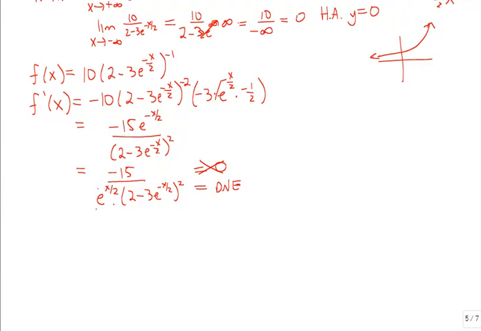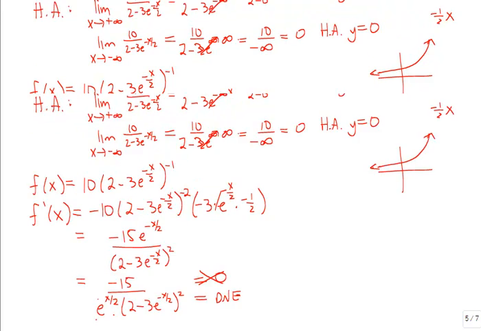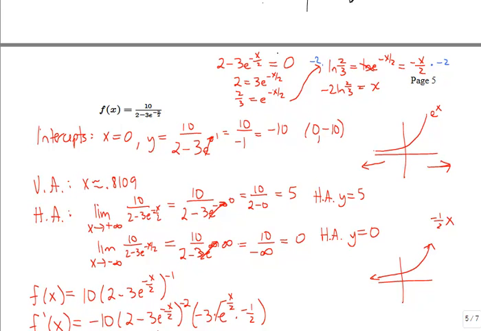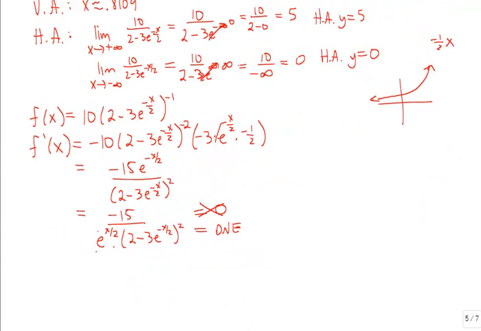But this inside stuff will equal 0. We actually already solved all that up here at the very beginning. That equals 0 at that x-intercept, which was, at that vertical asymptote, which is at that point 0.8109. Okay, so negative 2 ln 2/3 was this solution.